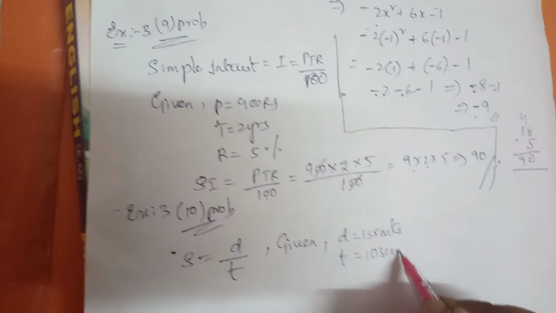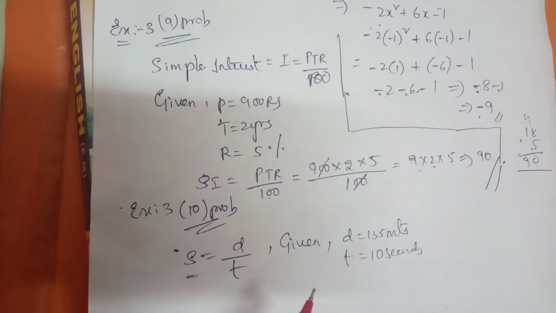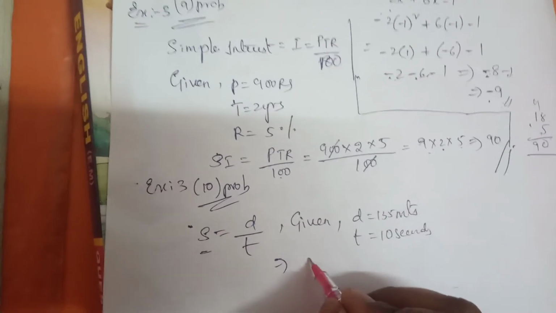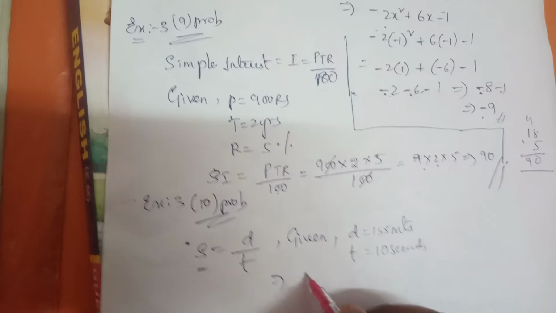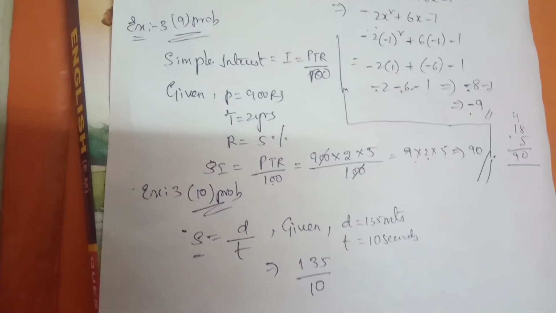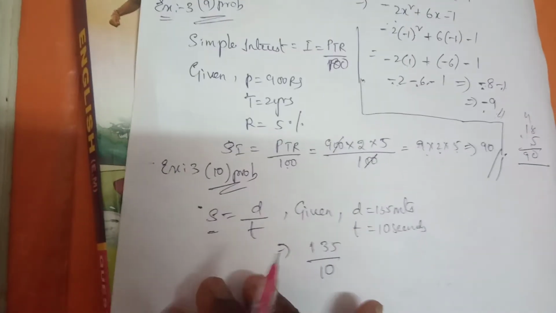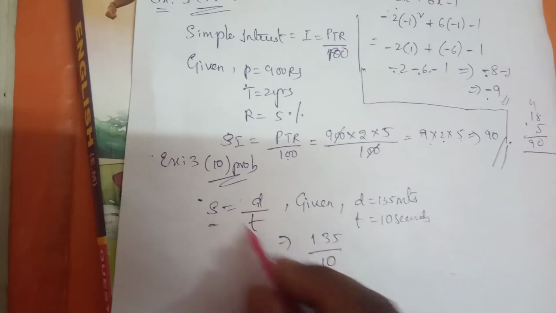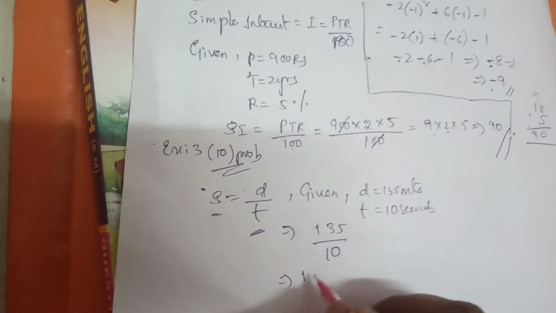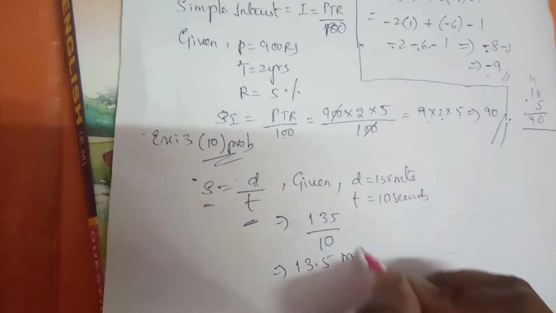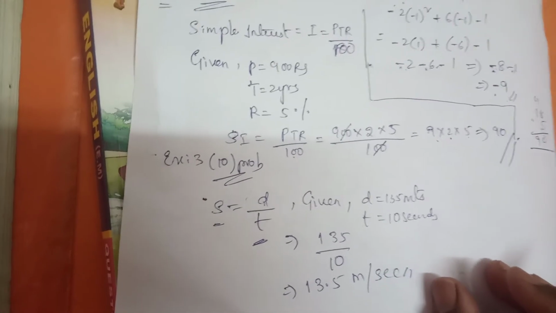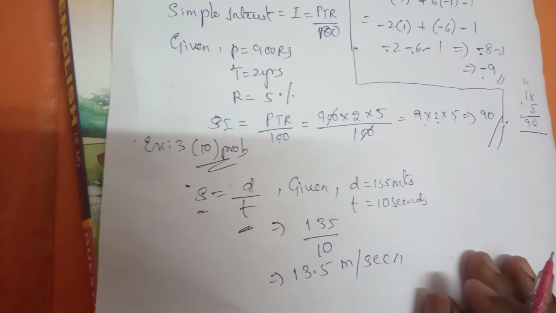Now we have to find the speed. We substitute D value 135 by 10 in the given formula. We get 13.5 meter per second. This is the value we got.